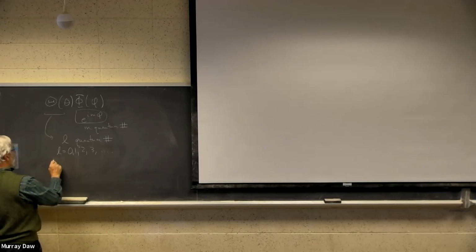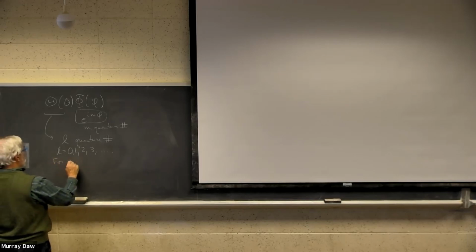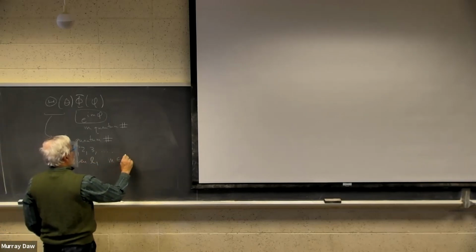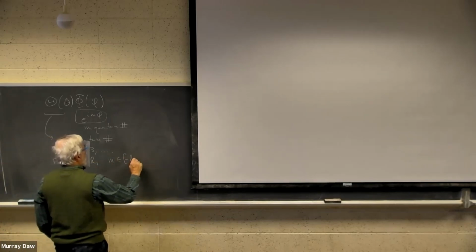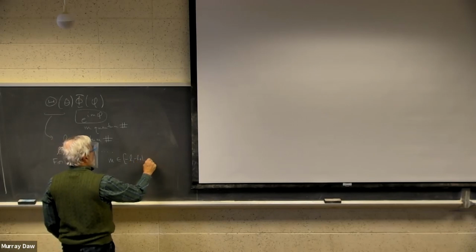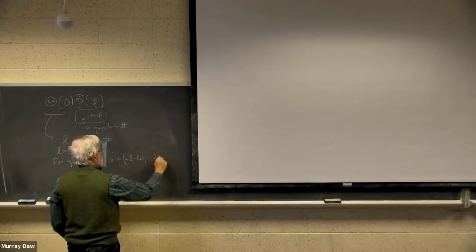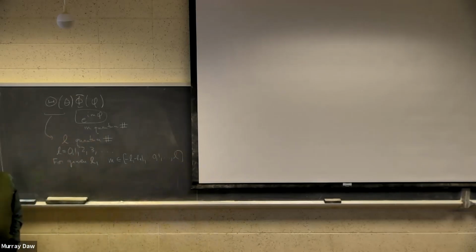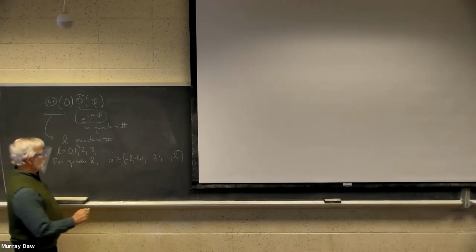So for some value L, m takes on the range from minus L to plus L. All the integers from minus L to plus L. How many are there? Well, there are 2L plus 1.